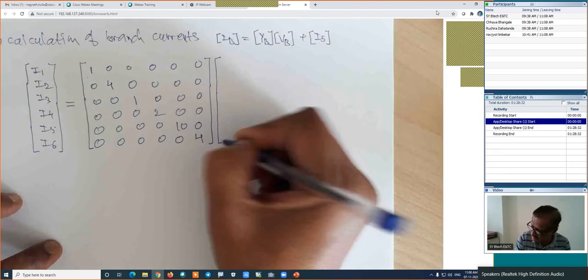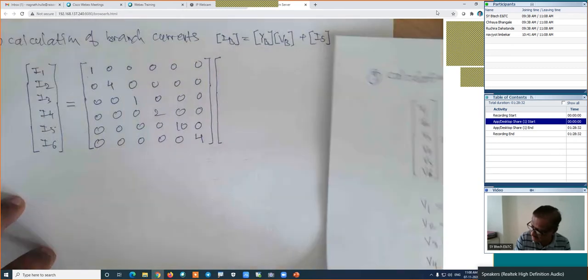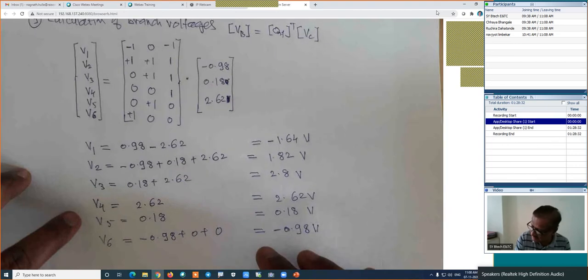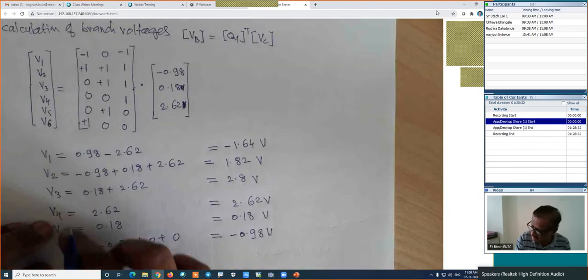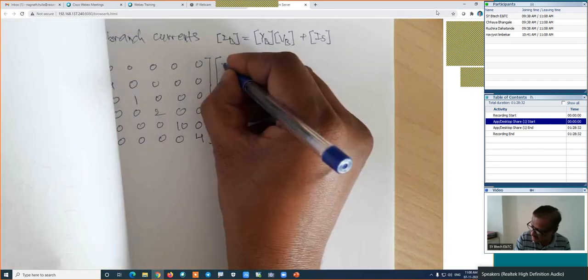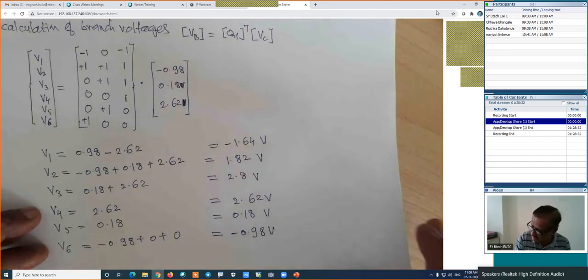VB is nothing but the branch voltages. We have just calculated the branch voltages. Now look here, these are the branch voltages. I will copy these values. This is V1, V2, V3, which we just calculated. The first value is minus 1.64. What is the second value? 1.82.